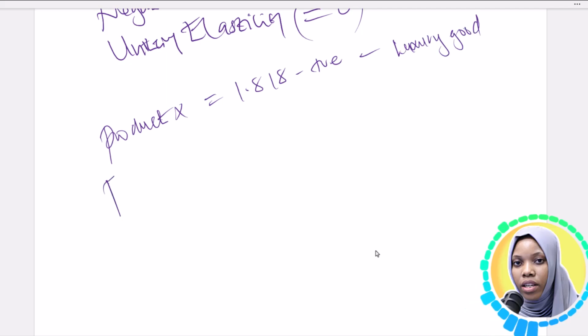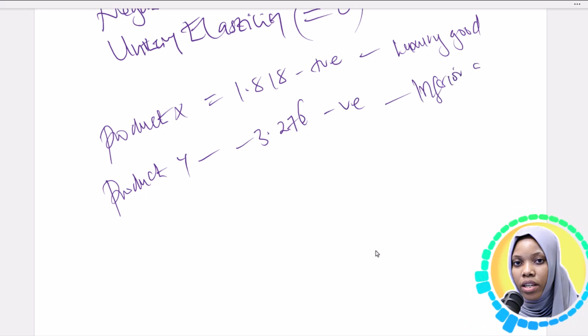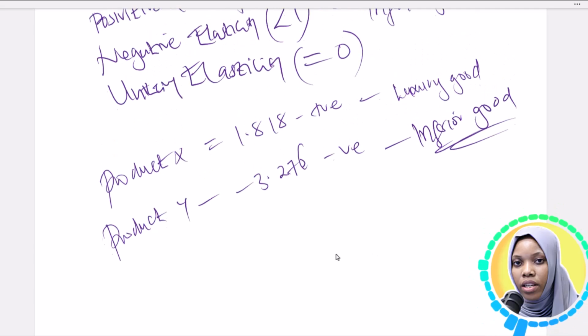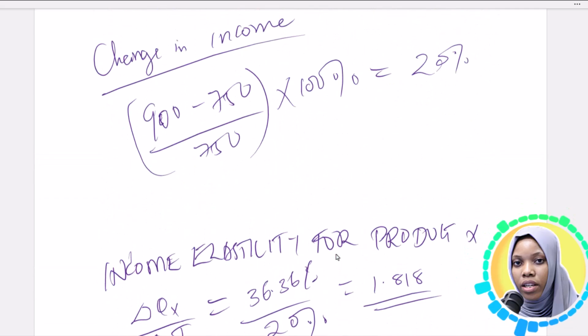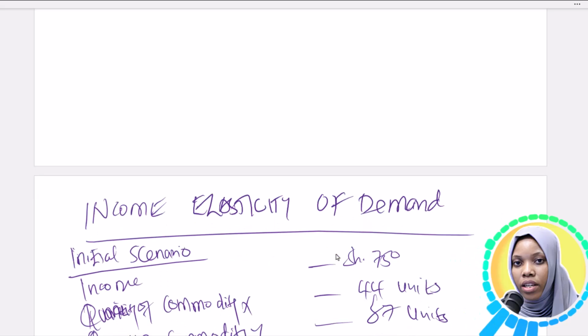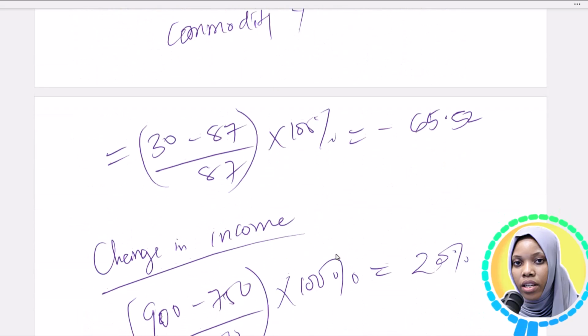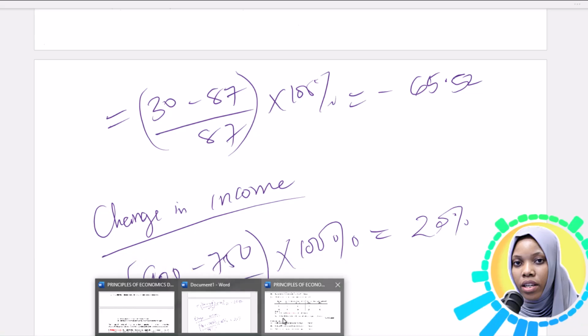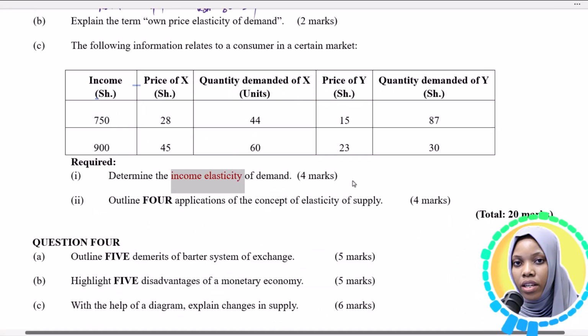And then our product Y is negative 3.276, if I'm not wrong, which is a negative, and it's an inferior good. So that was what the examiner required us to do. I hope you have understood. Now let's move to our next question.